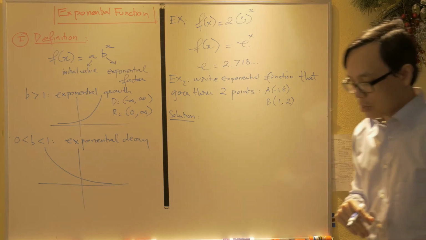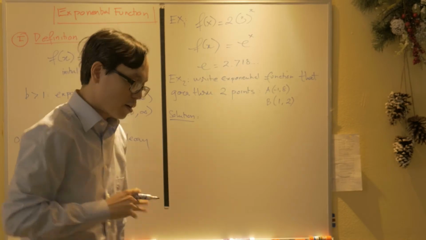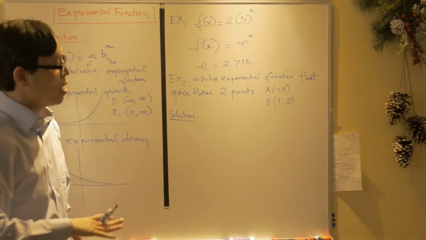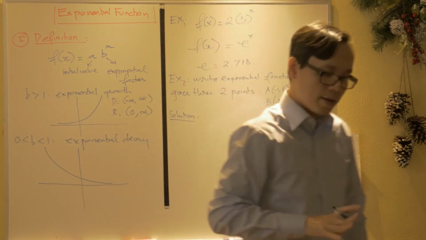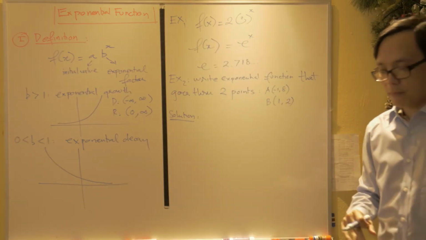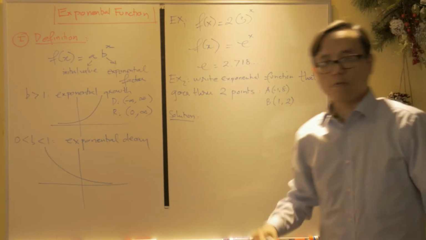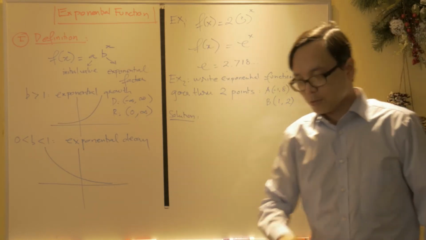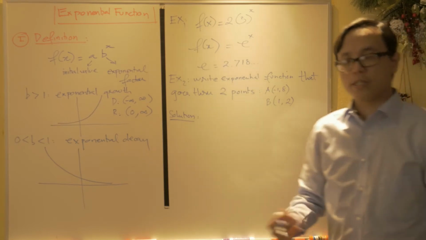So kind of the same thing over here. I mean that the step is the same. Of course, exponential function doesn't have a slope, but the strategy is the same.